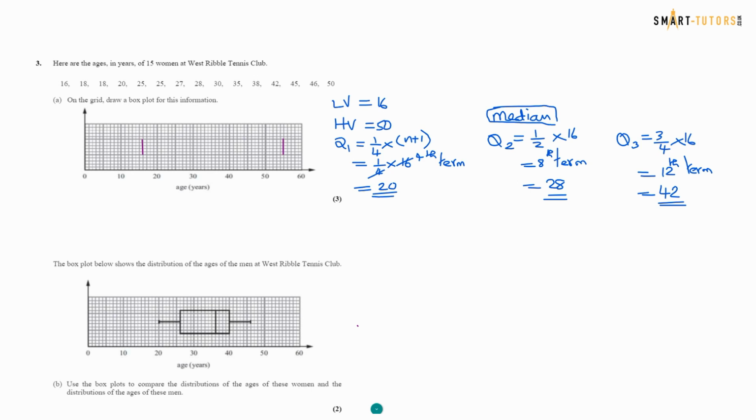Now Q1 is 20. There's no hard and fast rule for how wide the box plot is, so I'm going to draw that thickness. And Q2 is 28, which is 2 lines after that.